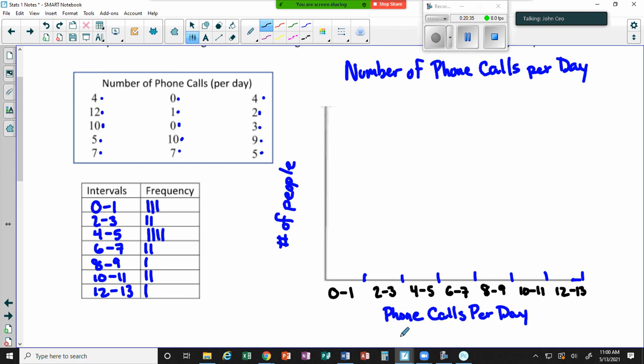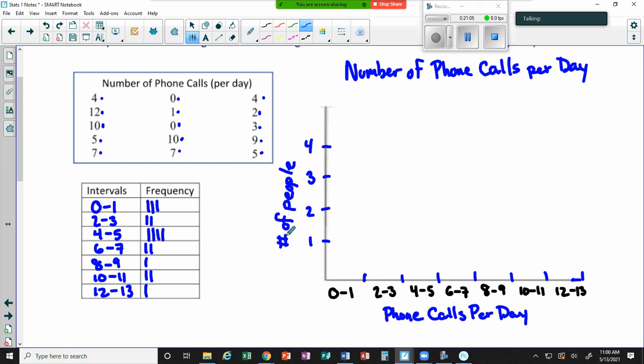Okay, and then now my highest frequency is 4. Okay, so I'm going to divide this. I'm going to label these. Okay, I don't need ranges here like the last one we looked at because we know.